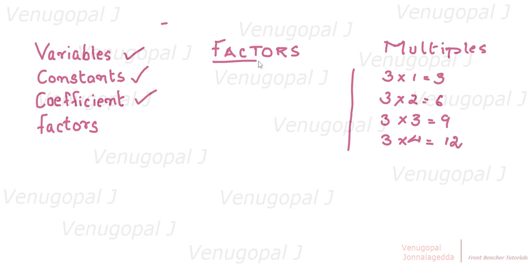What are factors? If you look at the multiples, we know that 3 into 1, or 1 into 3, is equal to 3.